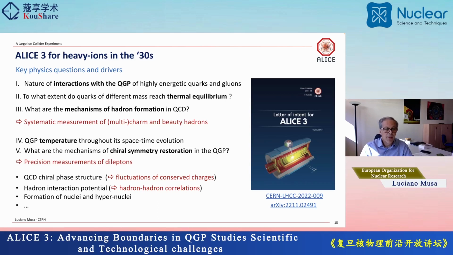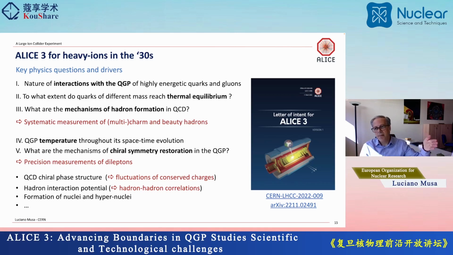Now, another big question is, to what extent do quarks of different mass reach thermal equilibrium? We have seen and established that charm equilibrates to a very large extent in the QGP. Does the beauty quark also behave in a similar way? So this would be a very important question.